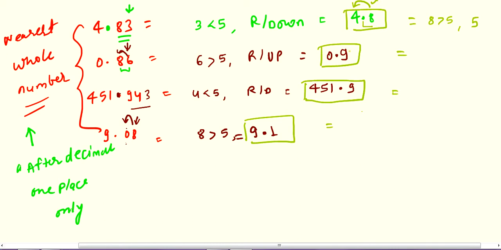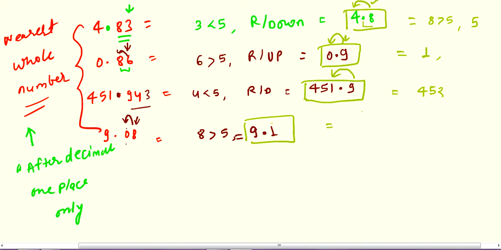Now 0.9. 9 is greater than 5, so this will give 1 to the previous digit. So 0 plus 1 is 1. Then this 9 will give 1 to the previous digit because 9 is greater than 5. So this 451 will become 452.